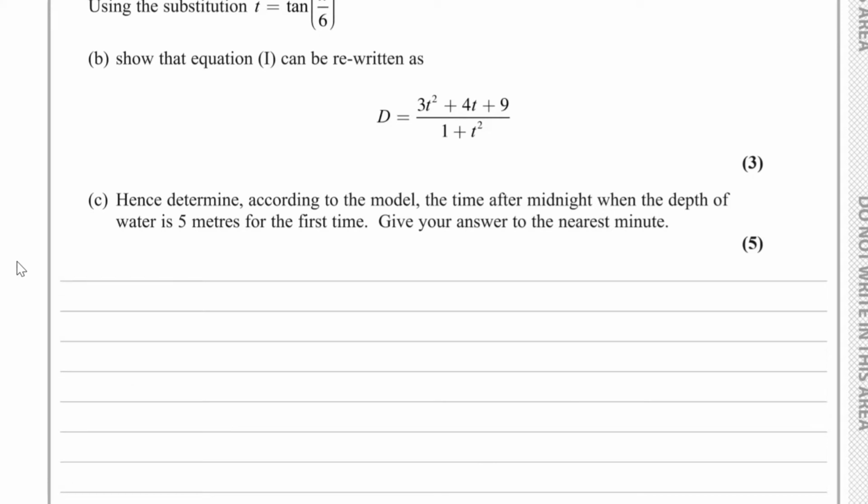And so for part A, when x is equal to 0, d is equal to 2 sine of 0 plus 3 cos of 0 plus 6.